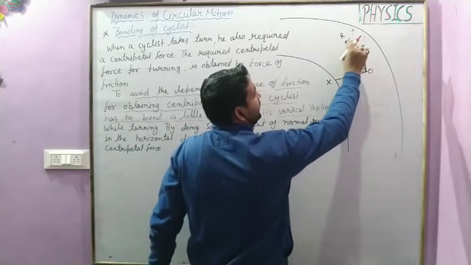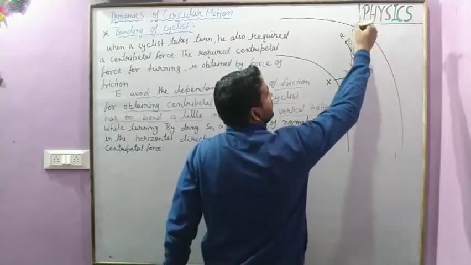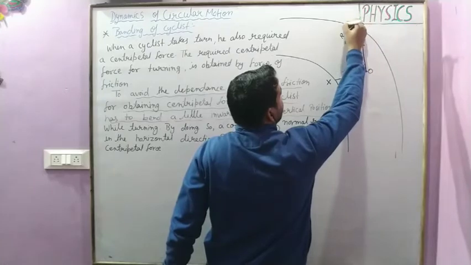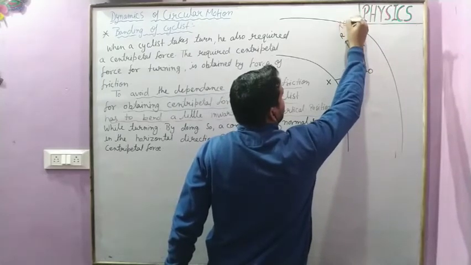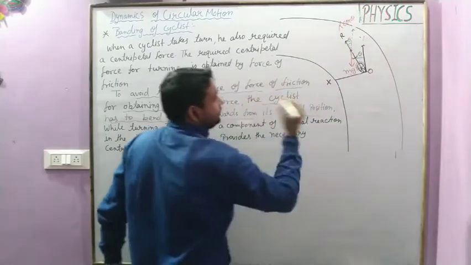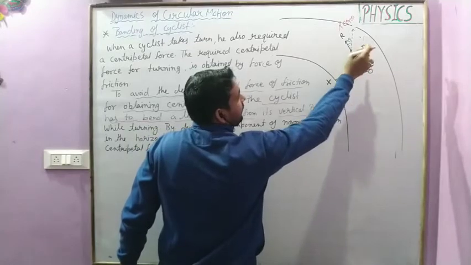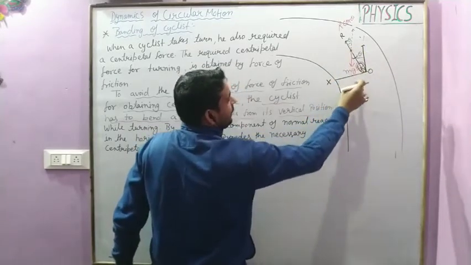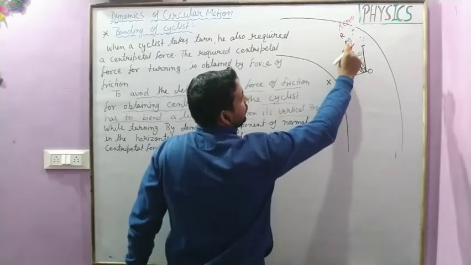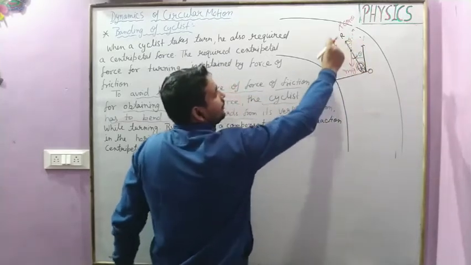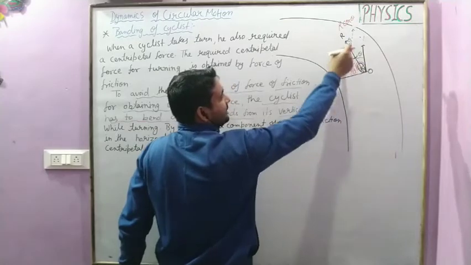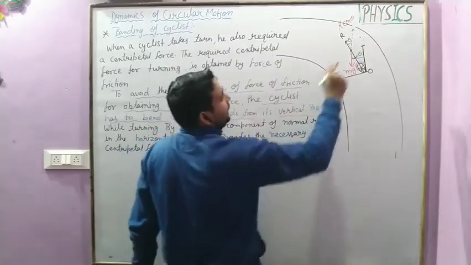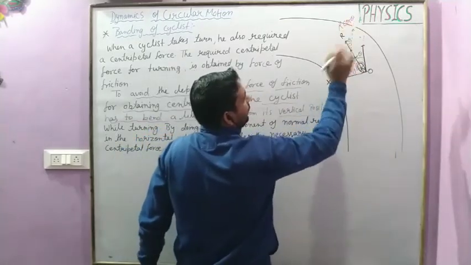We can resolve the normal reaction R into two components, vertical and horizontal.